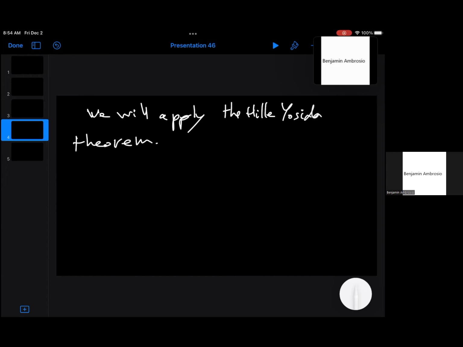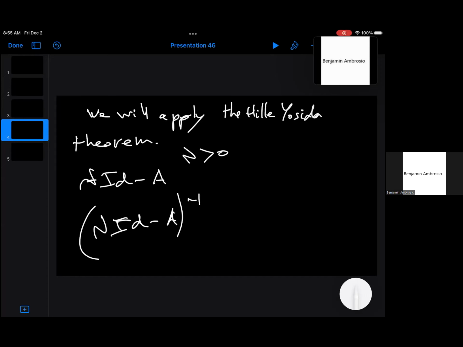To do that, if you remember, what I need to do is to study the operator lambda identity minus A for positive lambda, and in fact what I want is to see if this operator is well defined.